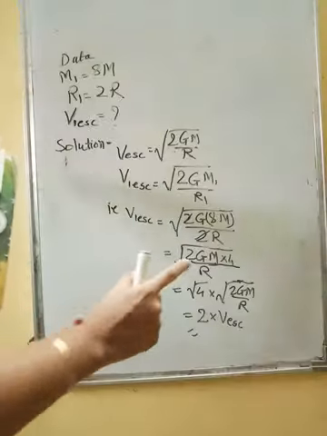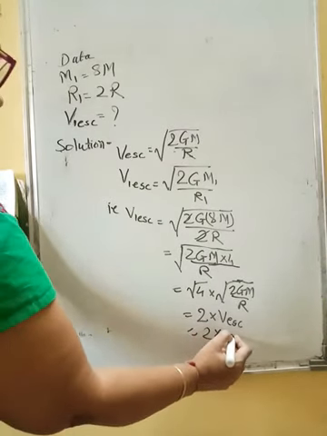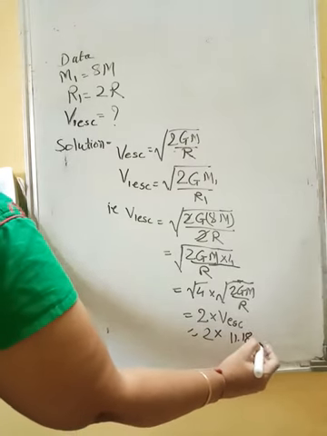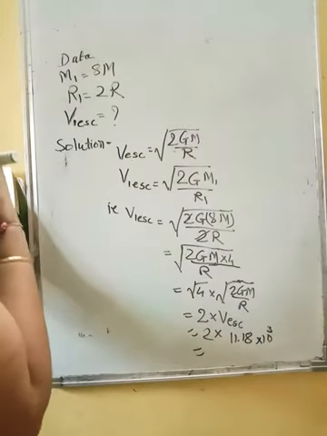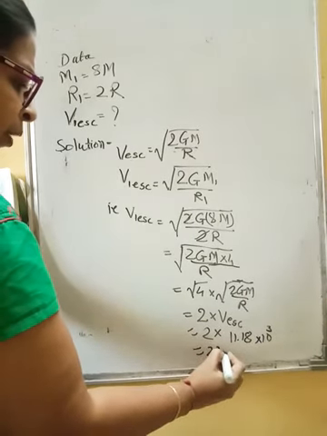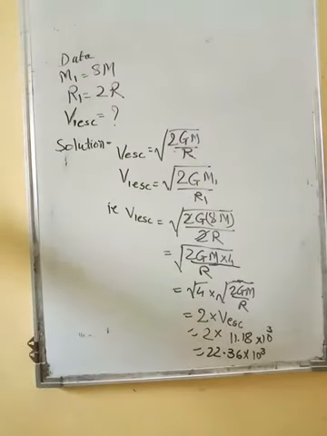So directly, if you remember that answer, you can multiply 2 by 11.18 into 10 raised to 3. So the answer will be 22.36 into 10 raised to 3. So children, see, we don't have to do a big calculation if you remember the answer for earth. We should know that for earth, right?